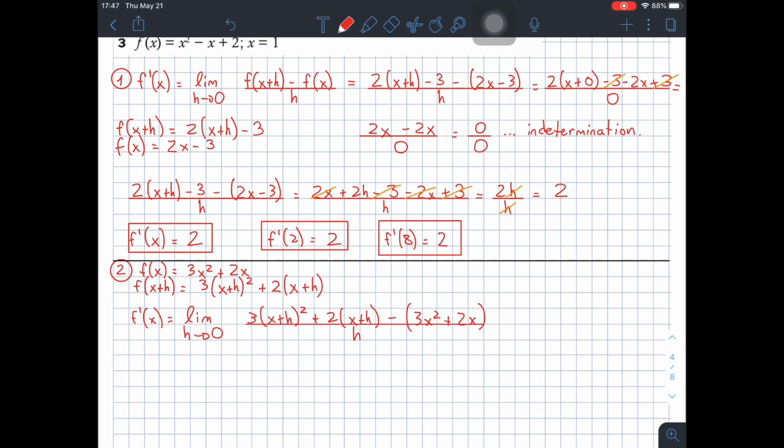Okay, so to find the limit, I'm going to first try to replace the value of h into this function and see what happens, okay?